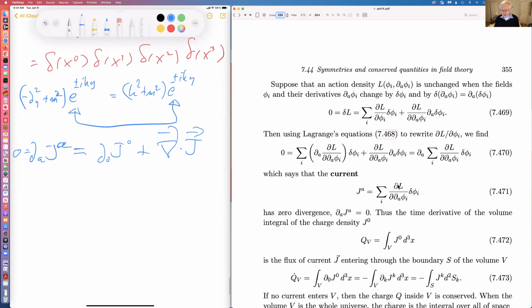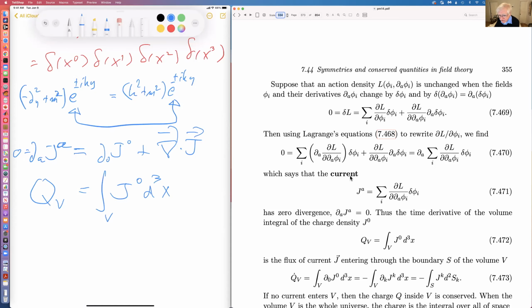And in particular, that means then that there's something that's conserved, and that's an integral over the volume of J0 d cubed x. Now, I should be a little careful here. I don't mean that J0 is necessarily conserved inside the volume. What I mean is the time derivative of the integral of J0 throughout the volume, which is the integral of the derivative of J0 throughout the volume.